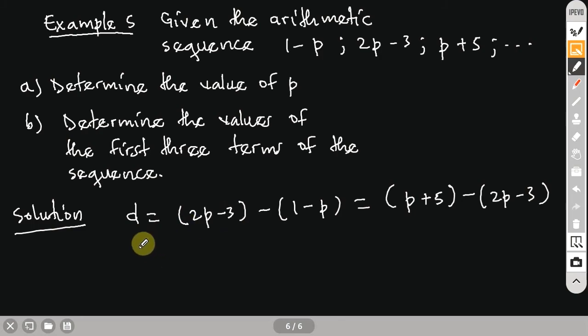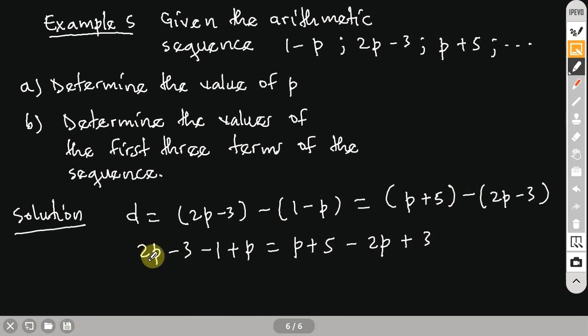So it will be 2p minus 3, and you have a negative outside of the bracket. That means the negative is multiplying everything inside the bracket, so the sign will change. There's a positive in front of 1, so the sign will change, it becomes minus 1, and here the sign changes and becomes positive p, equal to p plus 5, and there's a negative multiplying everything inside the bracket, so the sign will change, it will be negative 2p plus 3.